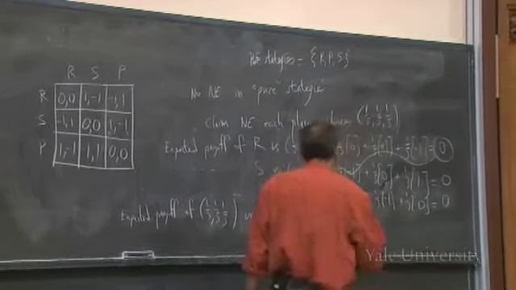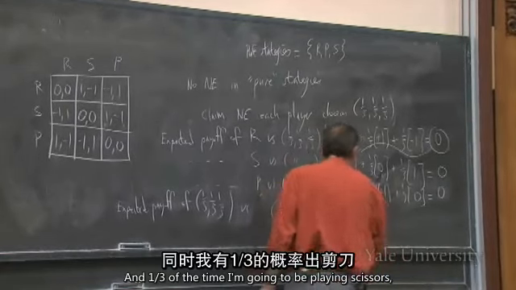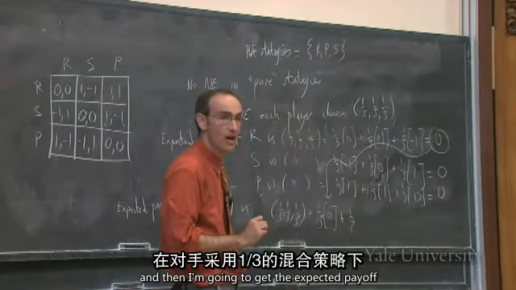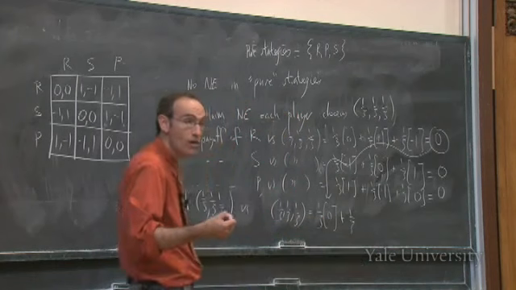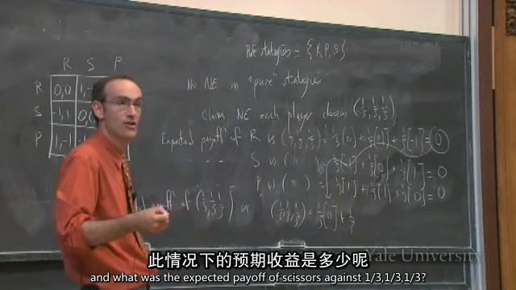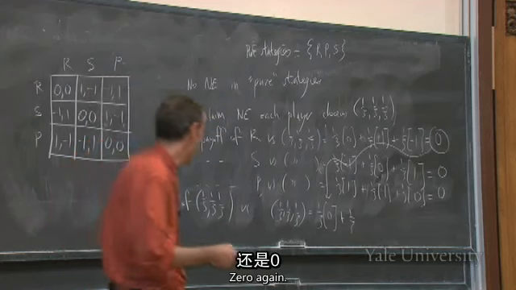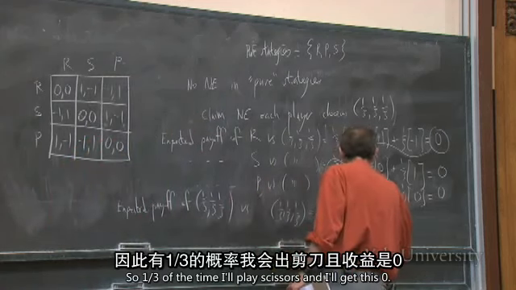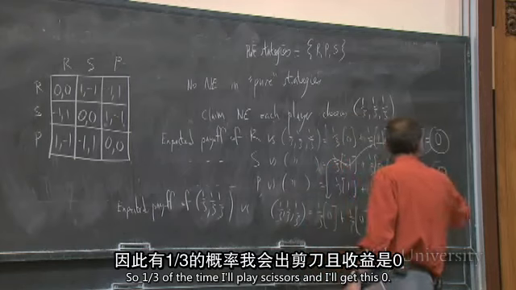All right? And a third of the time, I'm going to be playing scissors. And then I'm going to get the expected payoff from scissors against a third, a third, a third. And what was that expected payoff? 0 again. So a third of the time, I'll play scissors, and I'll get this 0.